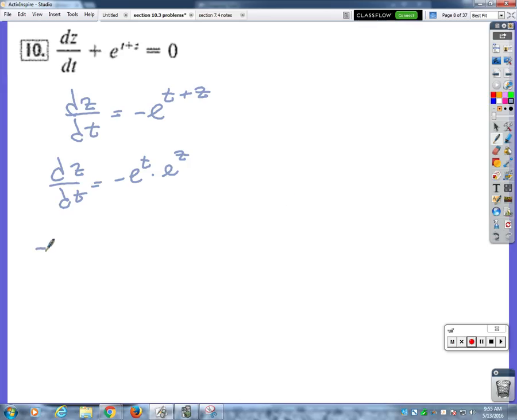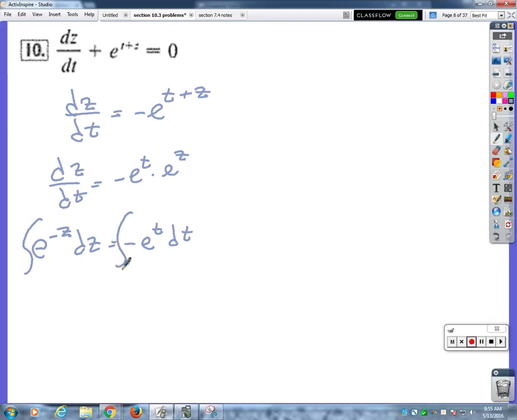I'm going to do this in one step. When I divide by e to the z, since the exponent is on the bottom, I can make that e to the negative z, right? Equals negative e to the t dt.